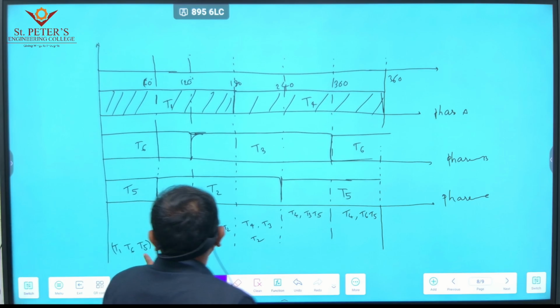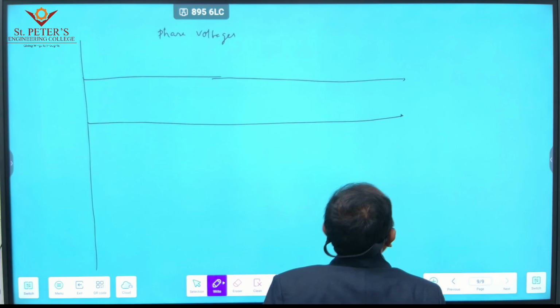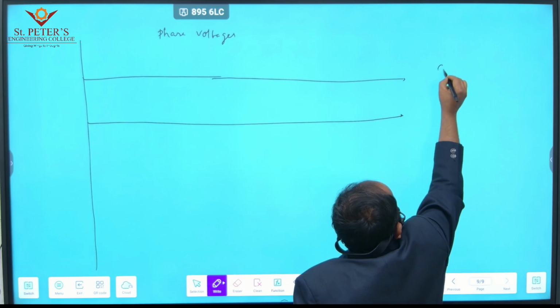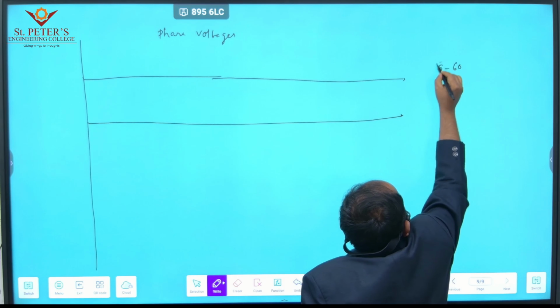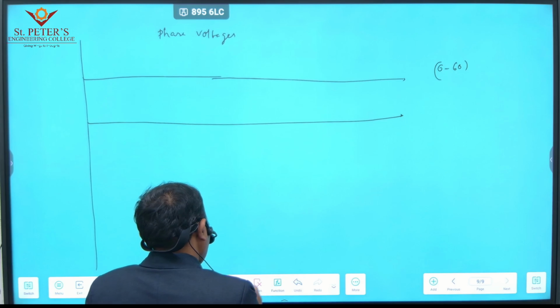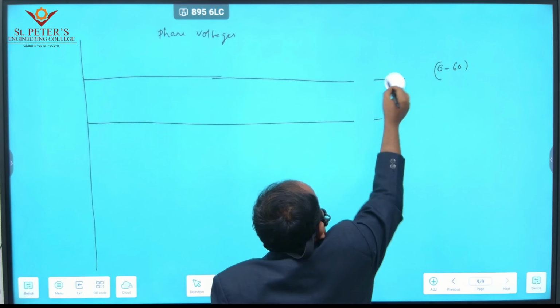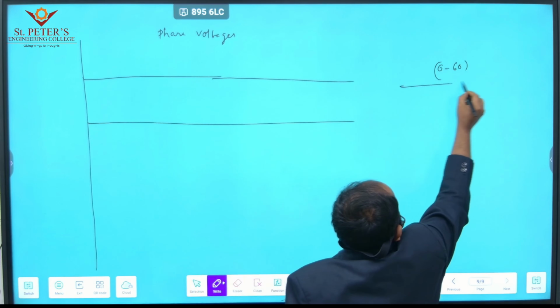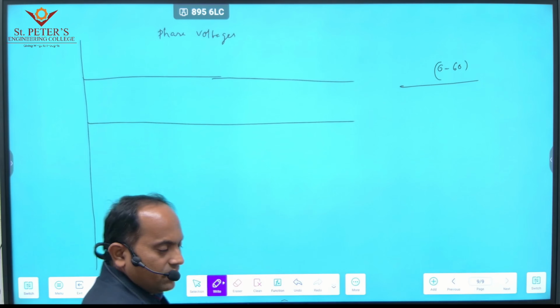So then go for 0 to 60 degrees, that is time interval 1. Which thyristors are connected to the load?